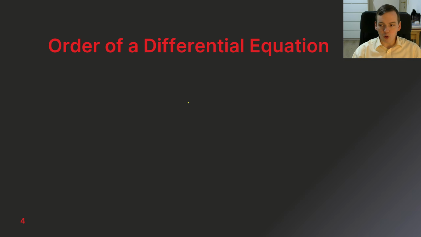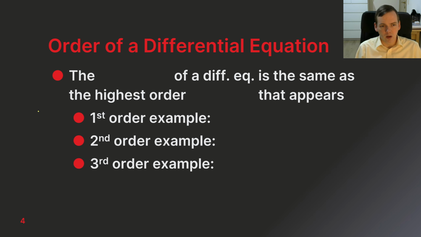So let's talk about the order of a differential equation really quickly. The order of a differential equation is the same as the highest order derivative that appears. So if you have an equation that just has first derivatives in it, that is a first order differential equation.